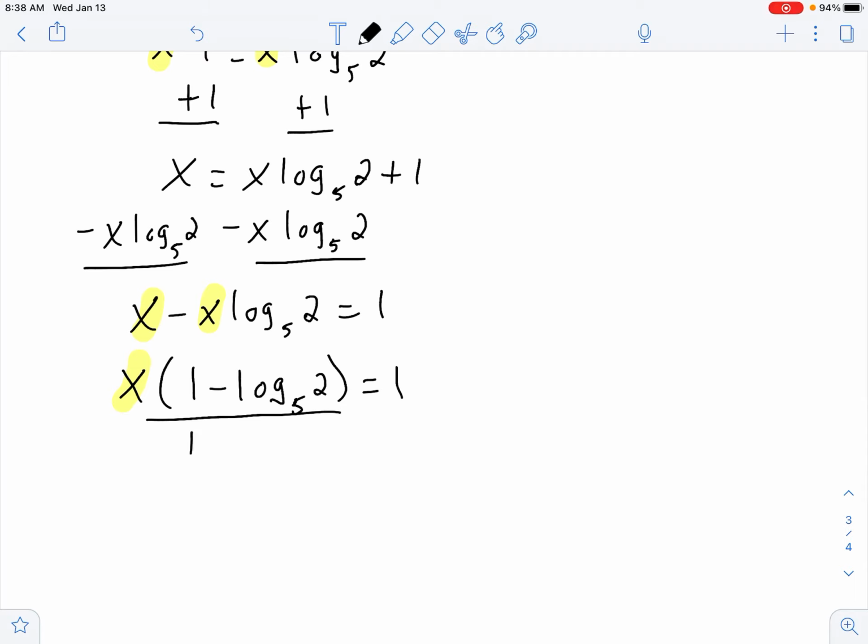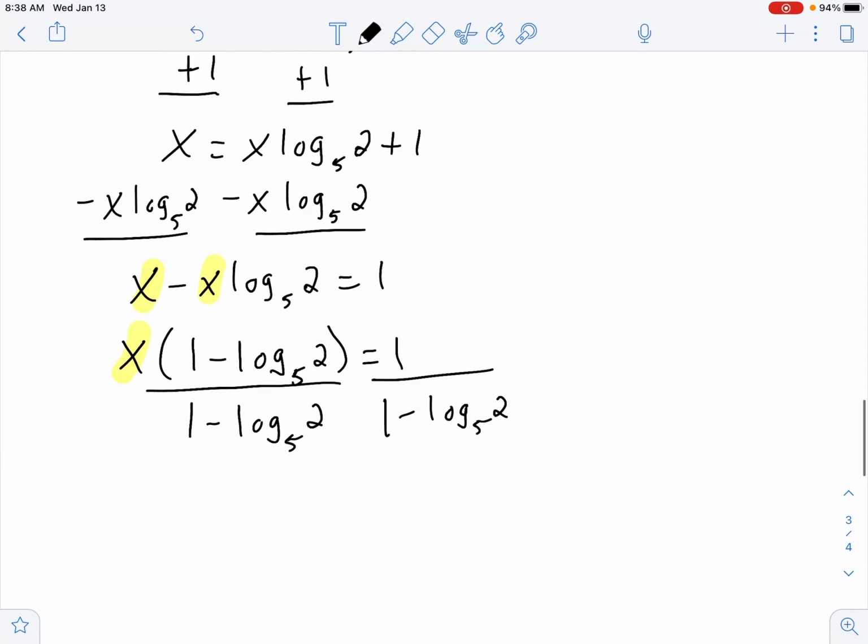So if I divide both sides by 1 minus log base 5 of 2, I have my answer, which is x is equal to 1 over 1 minus log base 5 of 2, which we will approximate, and you would get 1.76.